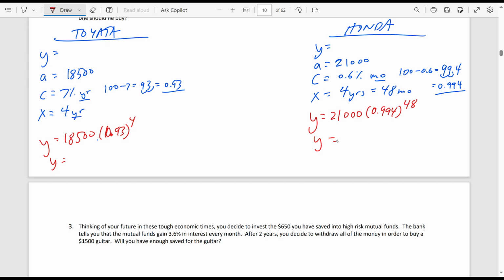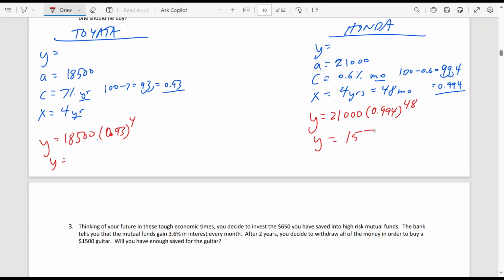So that's the only part about this that gets relatively confusing. Times get changed. It's decreasing, so I'm subtracting. 0.6 seems like a very small number, but remember it is per month. So 0.994, power 48, I'll do the Honda first and multiply that by 21,000.